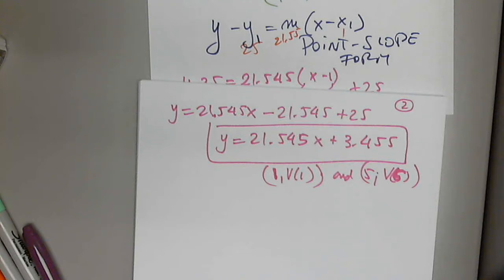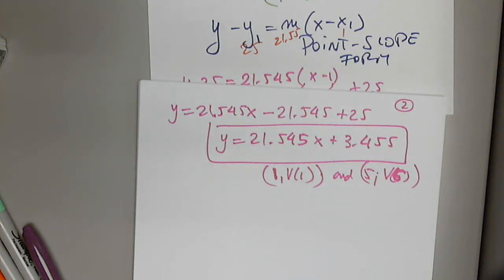So I went back to y equals, and I put in 21.545x plus 3.455, which is the equation of the secant line passing through 1 comma v of 1 and 5 comma v of 5. Is this okay? So when I hit graph now, I should see this function going through 1 comma f of 1 and 5 comma f of 5, through these 2 points.